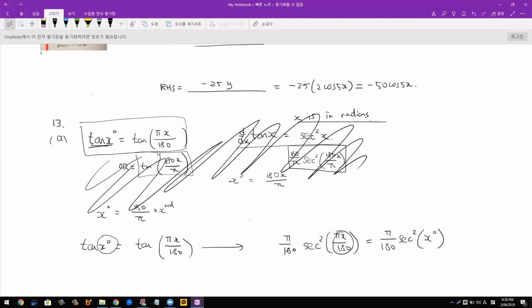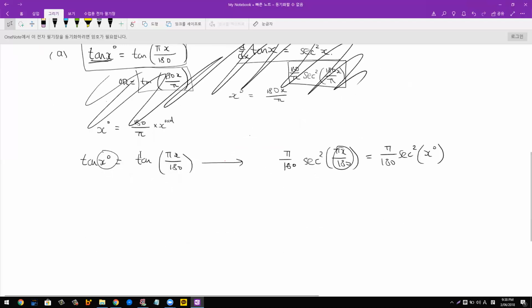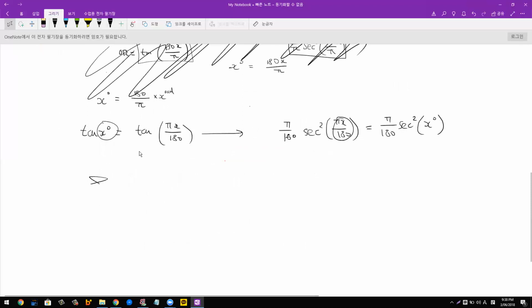So the rule is, when you have x degrees, just multiply by pi over 180 at the start.